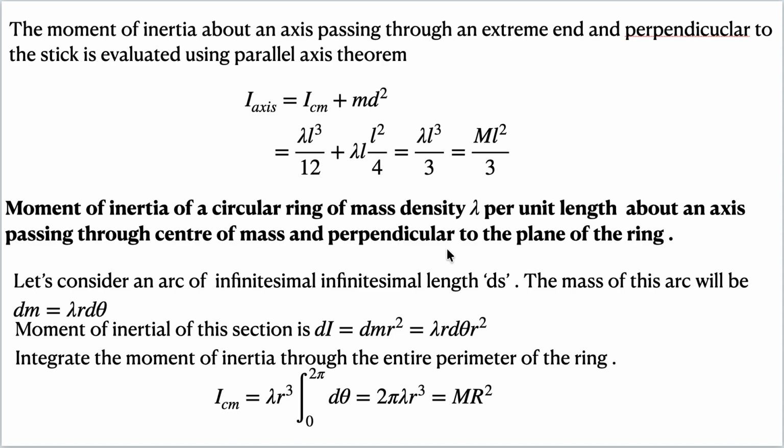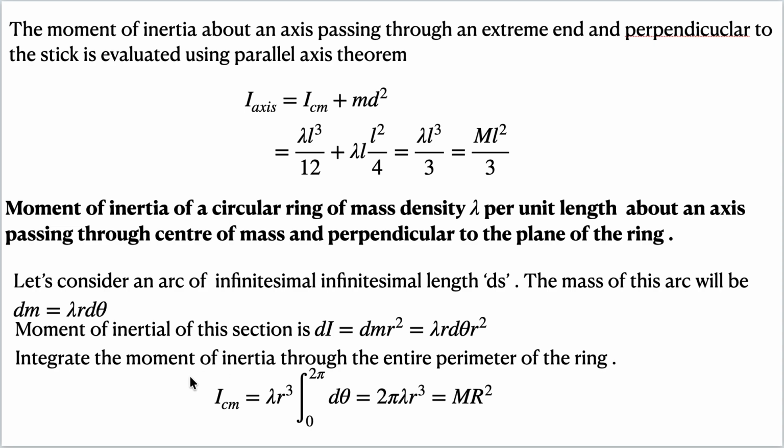Moment of inertia of a circular ring of mass density lambda per unit length about an axis passing through the center of mass and perpendicular to the plane of the ring. Let's consider an arc of infinitesimal length ds. The mass of this arc will be dm equals lambda r d theta. Moment of inertia of this section will be dI equals dm r square, which will be equal to lambda r d theta r square.